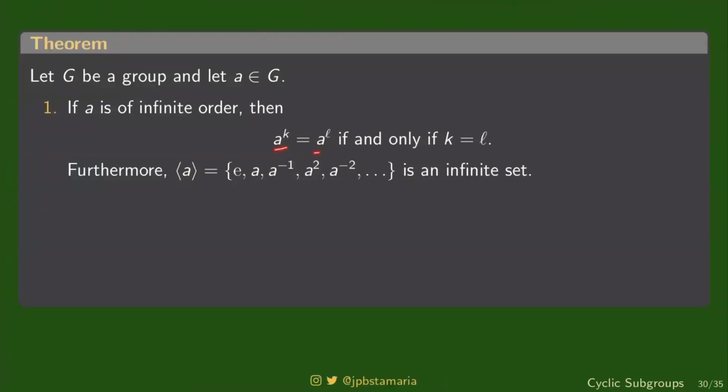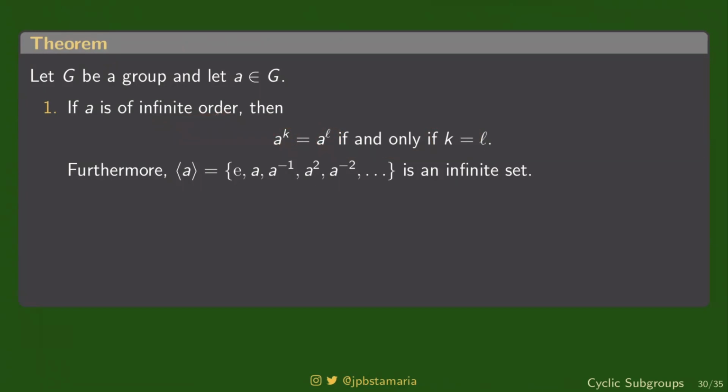Then two integer powers of A will be equal if and only if the exponents are equal. Again, pag infinite order yung base, which is A, the powers are equal whenever the exponents are equal. And dahil if and only if to, pag hindi equal yung exponents, hindi equal yung mga powers.